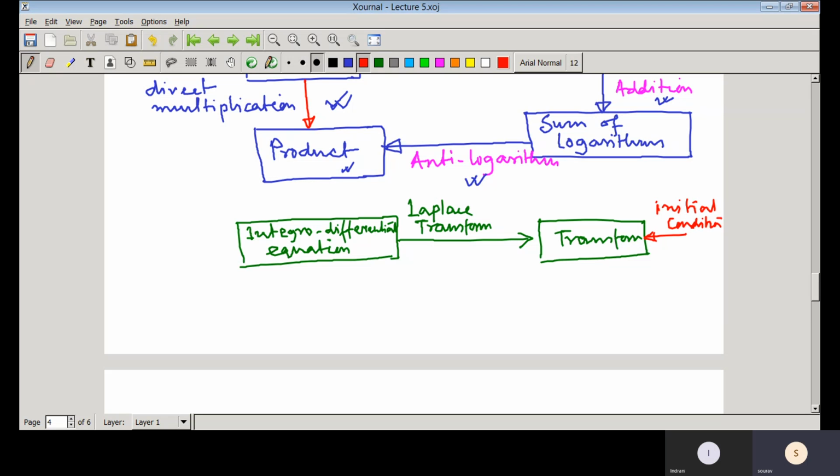After the transform, we just do algebraic manipulation and get the transformed solution. This is obtained just by algebraic manipulation.